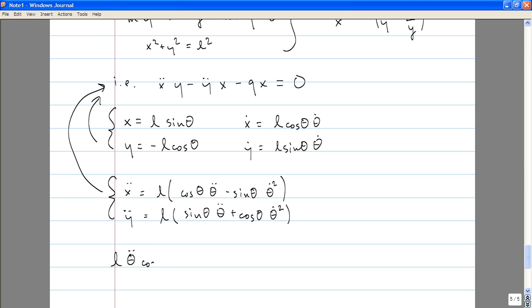Then there'll be another term, which is minus L theta dot squared sine theta cosine theta. Then the y double dot times x term will be minus L times theta double dot sine squared theta plus theta dot squared sine theta cosine theta. Sorry, minus theta dot squared sine theta cosine theta. If I got that right. Those sine thetas and cosine thetas are supposed to cancel.